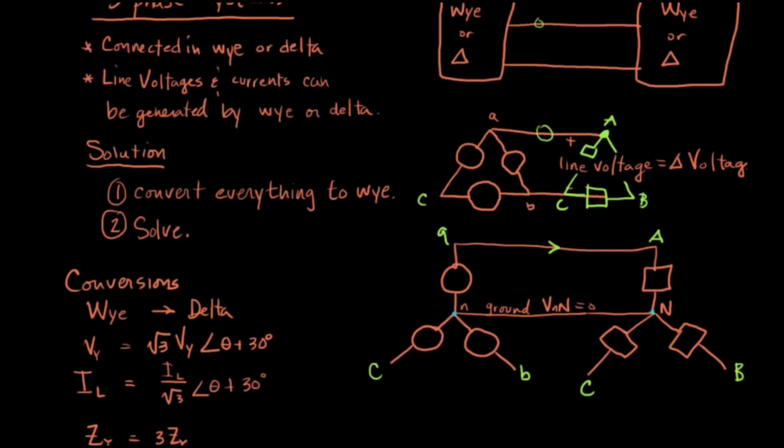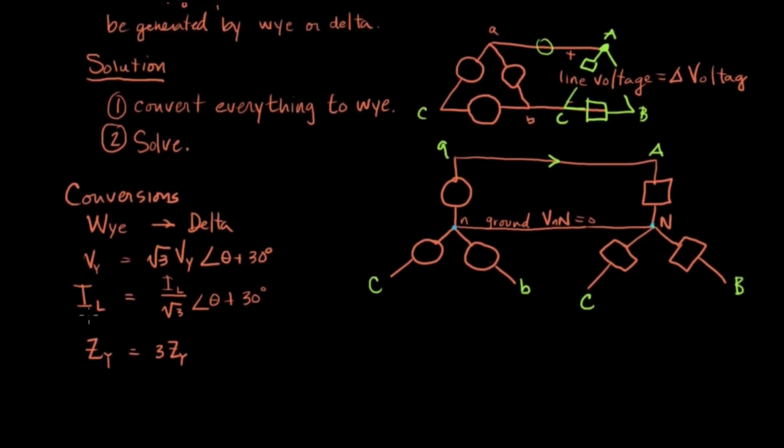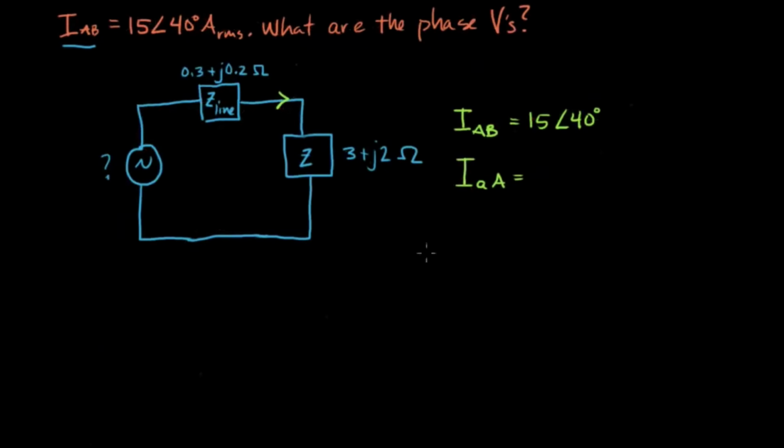And we simply do that by using this little snippet right here. Notice that we're going from delta to Y, so everything's backwards. We multiply by the square root of 3, we subtract 30 degrees. Okay, so let's do that. So we multiply by the square root of 3, and we subtract 30 degrees.